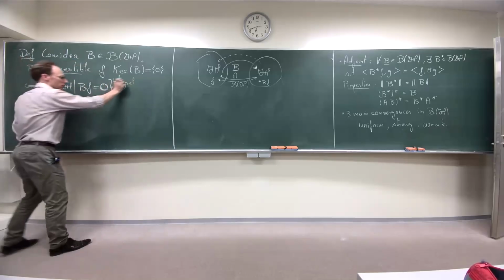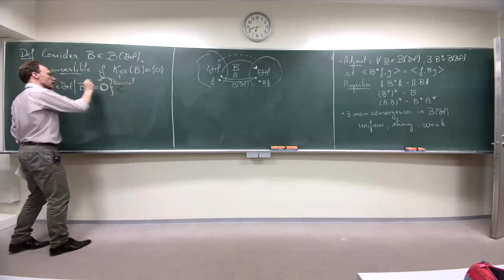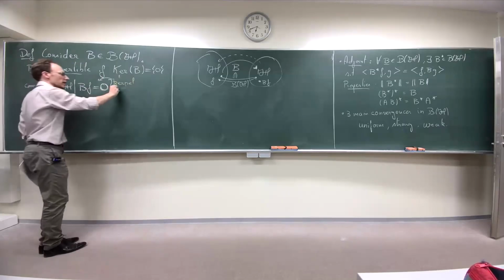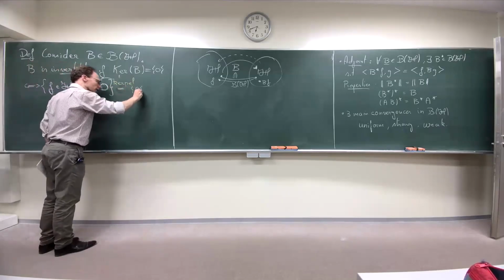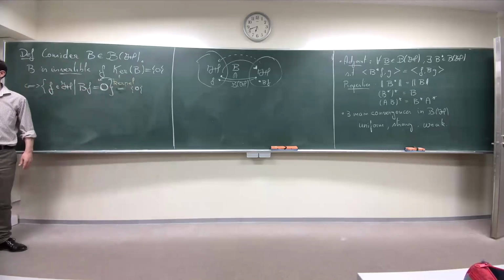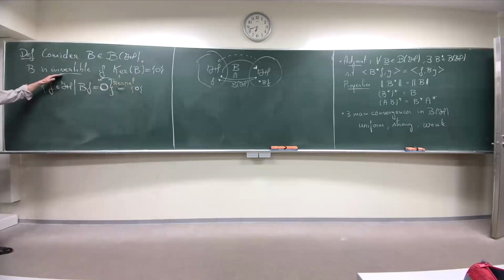So the condition is that the set is only the 0 element. So the only element which is sent to 0 is 0. This is a condition. So we say that it's invertible if this kernel is 0.